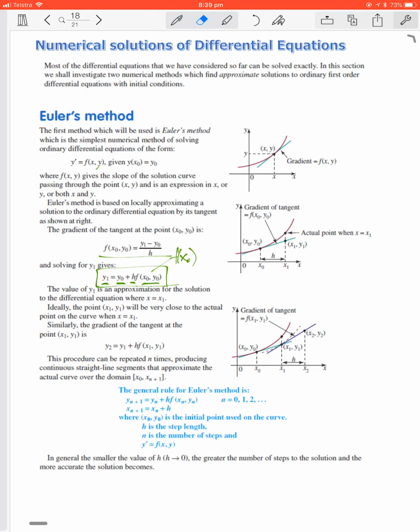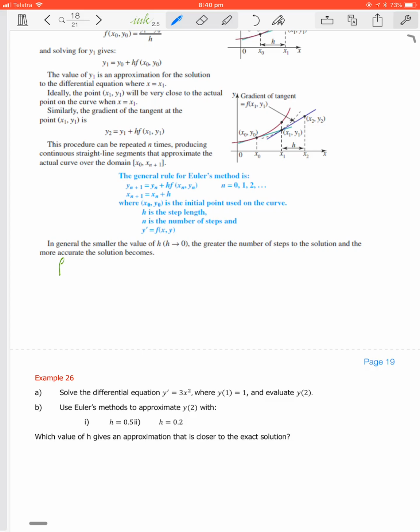Generally what we want to say, if dy/dx is a function of x, then we would say yn+1, my next y value, is my previous y value plus h times f of xn.